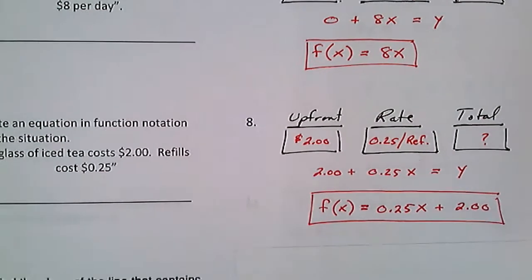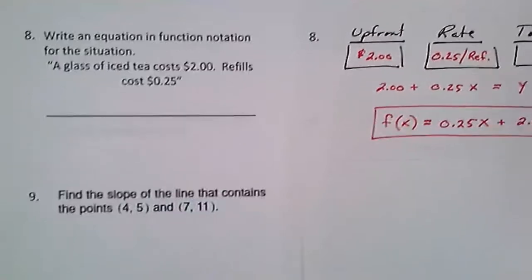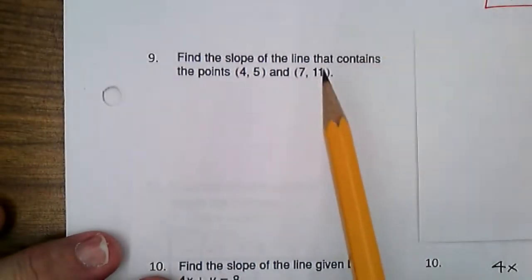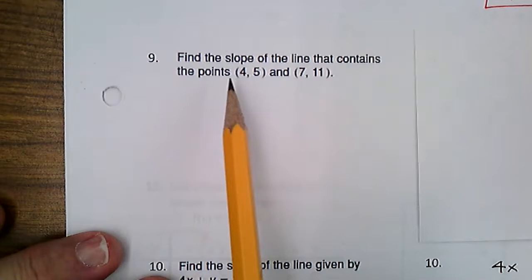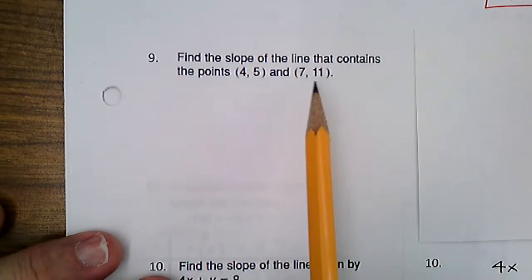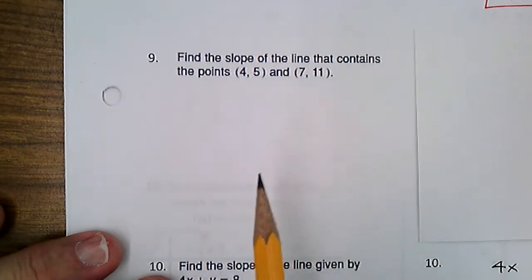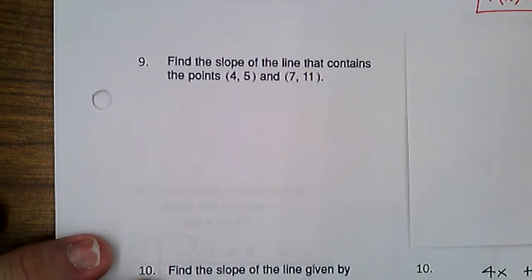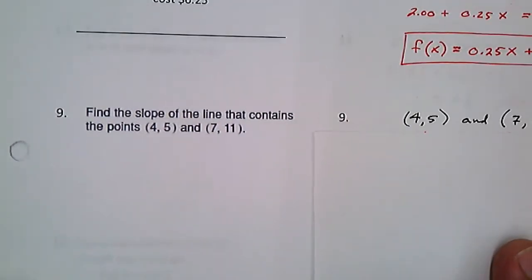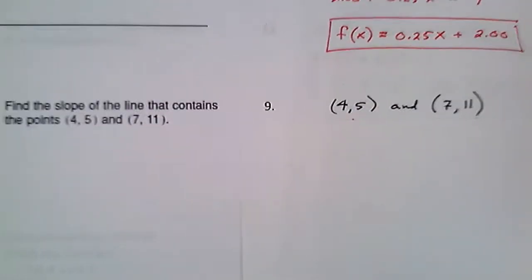All right, number 9. Find the slope of the line that contains these 2 points. We've got the points 4, 5, and 7, 11. Now, you could draw this on a graph, but I think it would be just as fast, if not faster, to use the formula. So I'm going to list those out.